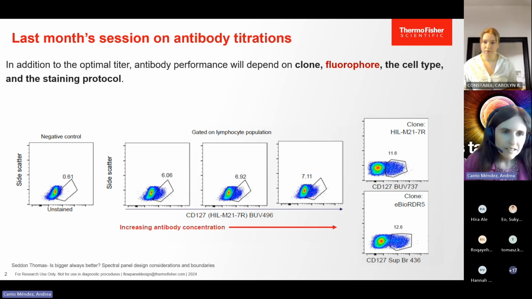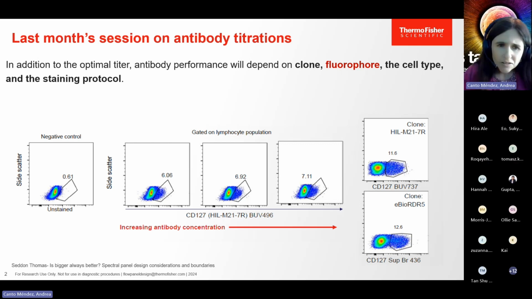So if we go to this example, here we can see that we are trying to detect CD127 with an antibody conjugated to a rather dim fluorophore, the ultraviolet 496. Here you can see that the separation of the populations is not very good. It's very hard to detect the positive population.